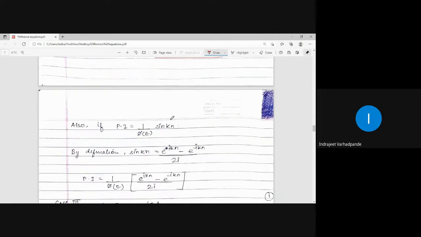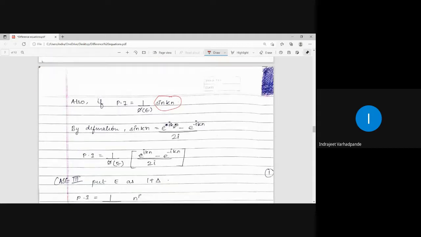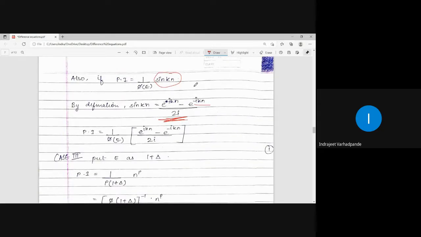Similarly, the definition of sin kn is e to the power ikn minus e to the power minus ikn upon 2i. That is what we discussed in complex numbers, right? So remember the definition: sin theta is e to the power i theta minus e to the power minus i theta upon 2i. In place of theta it is kn.